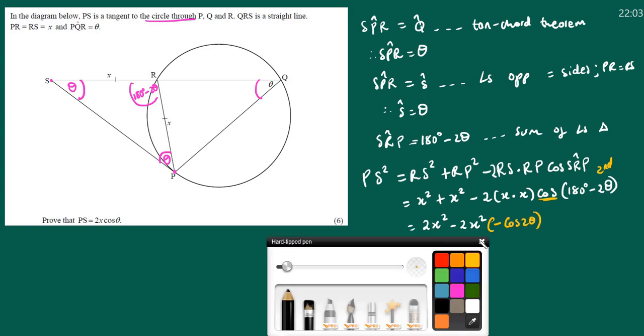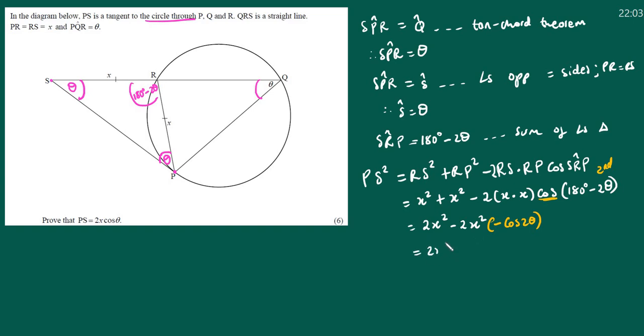Then in that case, that will allow us to have what? 2x squared minus, the minus times the minus is plus, so you have plus 2x squared cos 2 theta. Then which one is common there? What is common there?